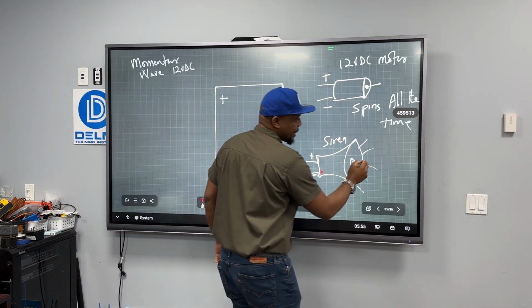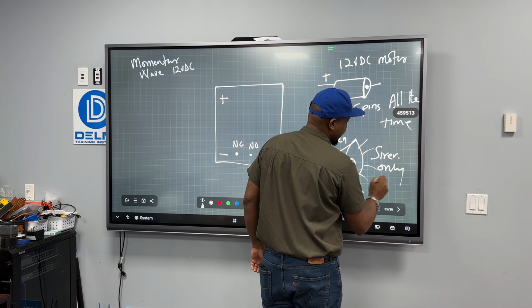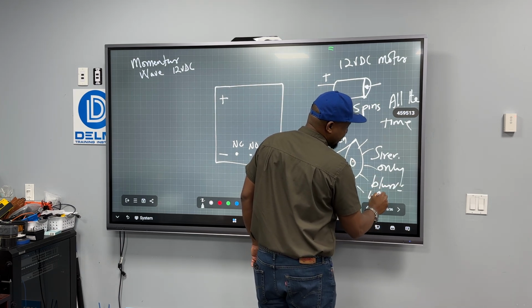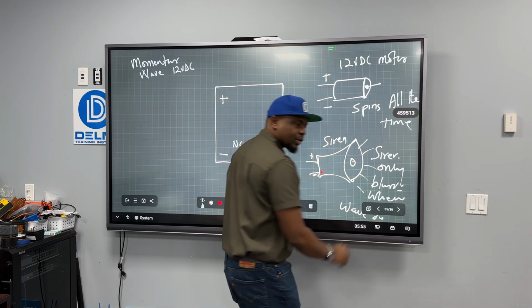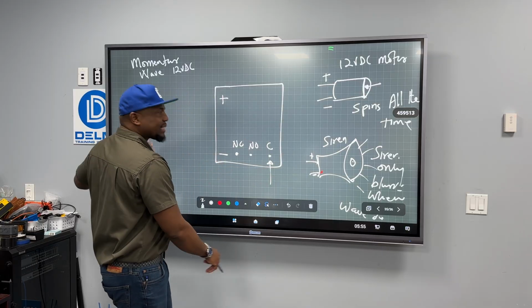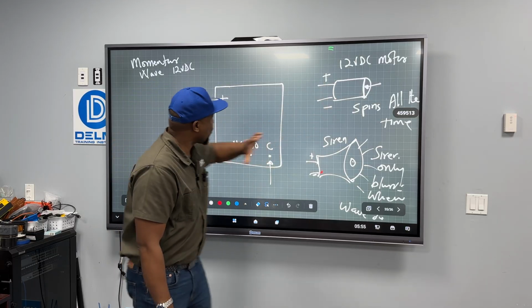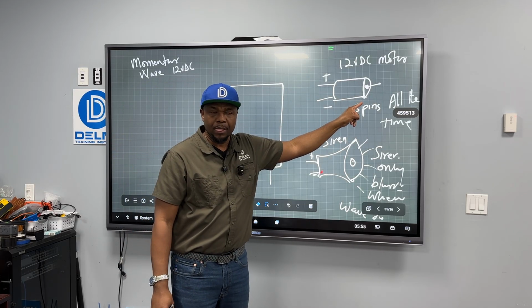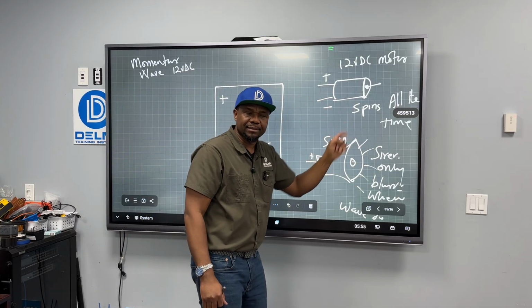So the siren only buzzes when the wave sensor is triggered. Okay, so this is only going to make noise when the wave sensor is triggered, but this is always going to spin. When I wave on the sensor, that's when it's going to stop spinning. When I take my hands away from the wave sensor, it's going to continue to spin.